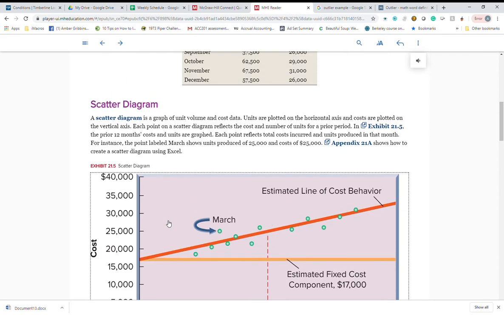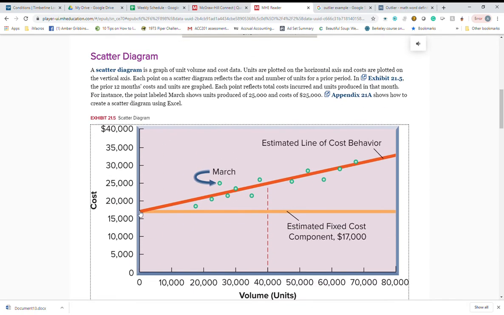Okay, so now that we're looking at the scatter diagram, you should be able from the first video to recognize this as the fixed cost. And you should remember from the first video that we start at the very 0 point of the fixed cost, and then we plot along, right? So here again, this is our production starting at 0 plus the fixed cost, and we're just plotting along. And it's a little bit of an estimate.